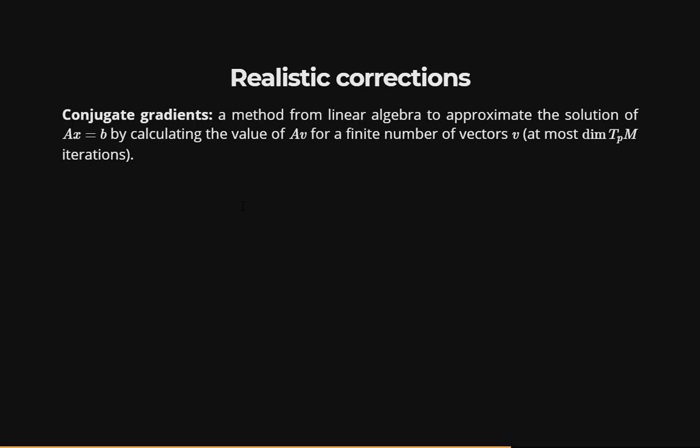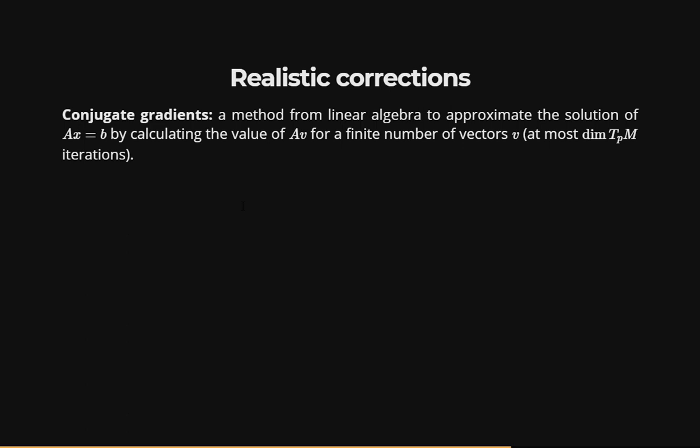So there are realistic corrections. Now, there is a method from linear algebra that has nothing to do with Riemannian geometry, so I'm not explaining it here. You can look it up. I can give you the references if you want. There is a method to approximate the solution of a system where you don't have the matrix form, so you have the operator form. You can compute the matrix applied to a vector.